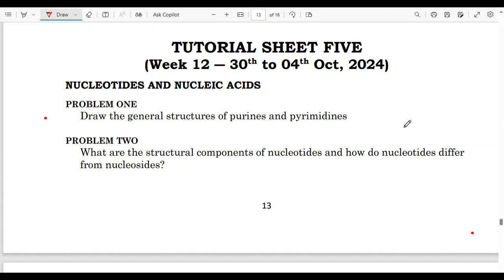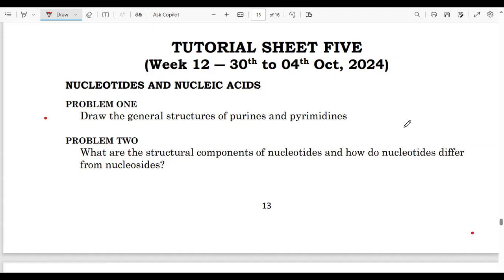The first question is on the structures of purines and pyrimidines. We know that purines are two-ring structures composed of a six-membered ring and a five-membered ring.